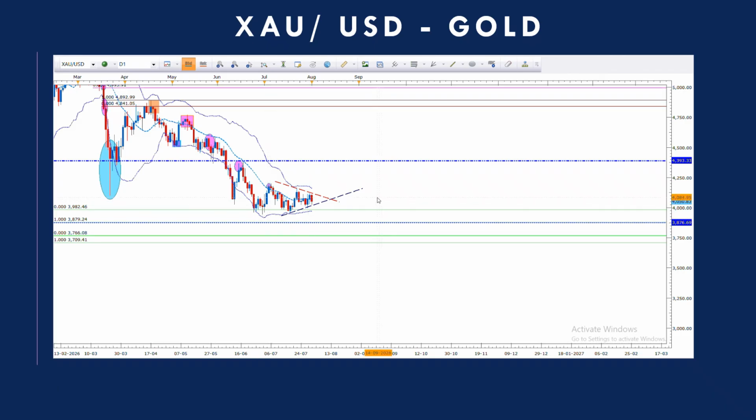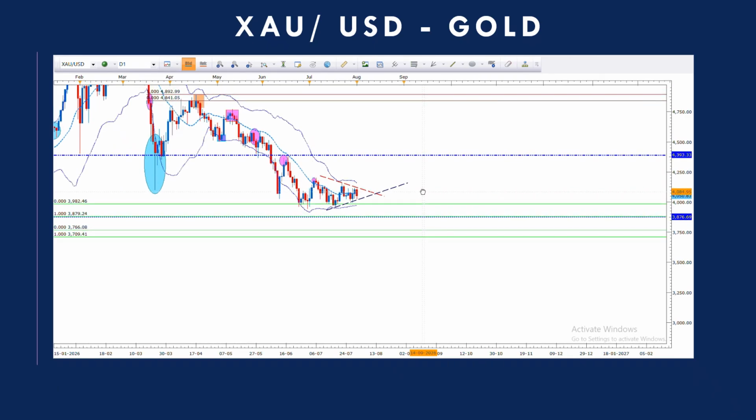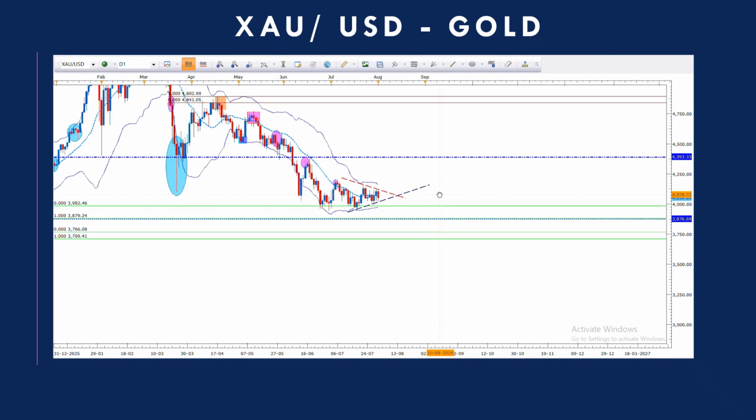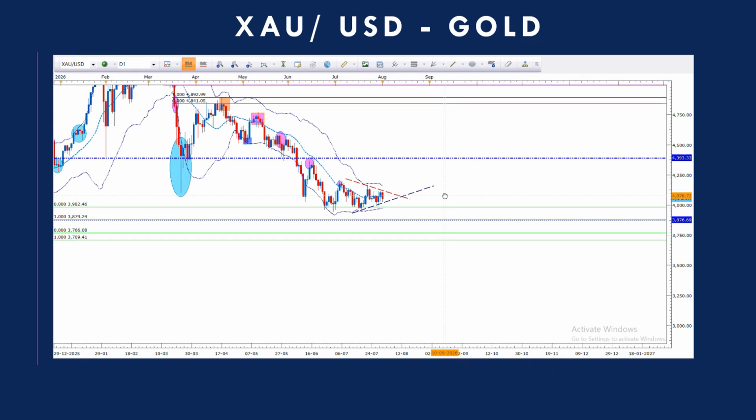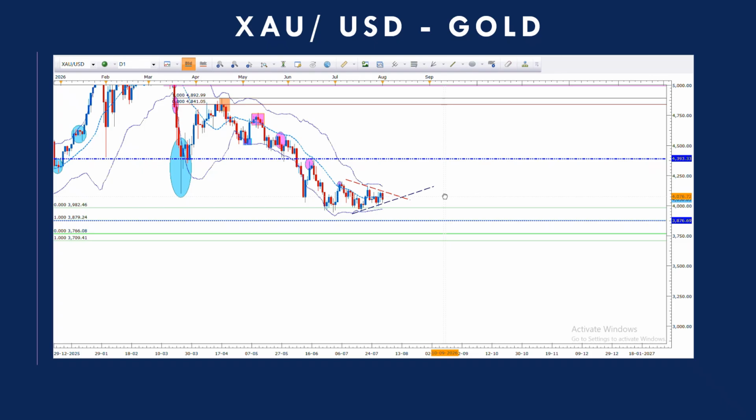However, one can see that gold has not been able to gather much strength in spite of the weakness shown by the US dollar this week. In spite of the US dollar printing two consecutive bearish candles, gold has stayed between 4025 and 4120.